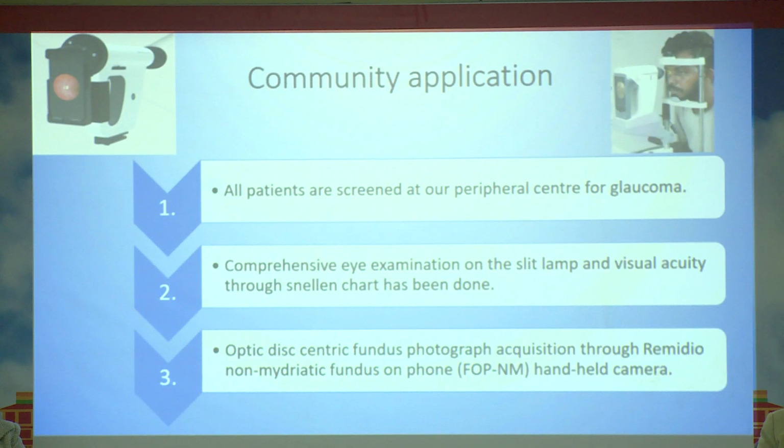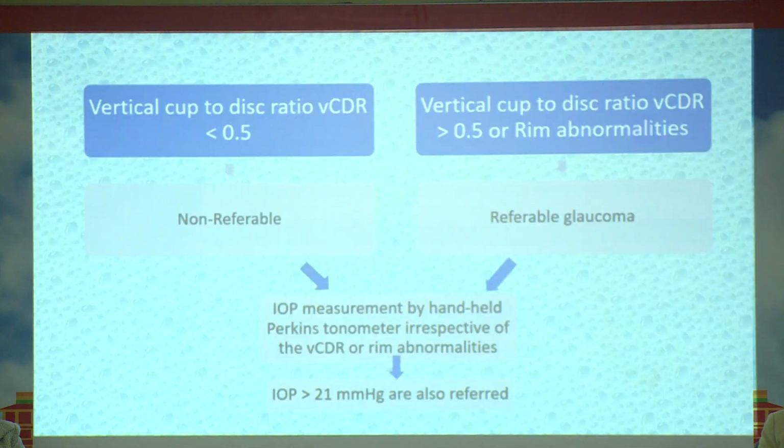Now, come to the community application. First of all, optic disc-centric fundus photography is acquired through the Remidio non-mydriatic fundus phone, a handheld camera. This is done at satellite hospitals, and it is transferred to the main hospitals for screening. If the vertical cup-to-disc ratio is less than 0.5, it is non-referable.